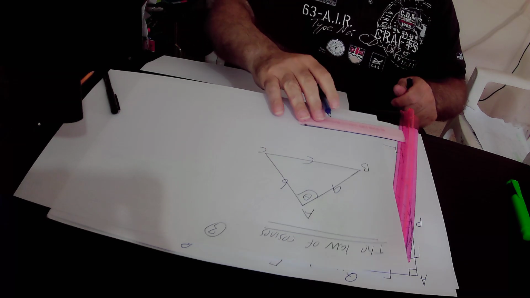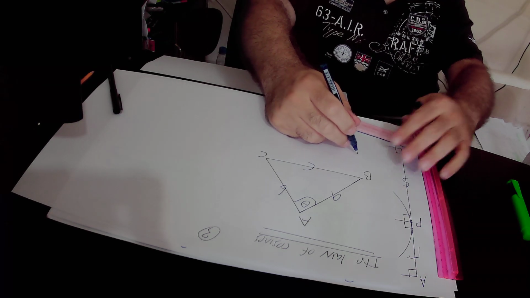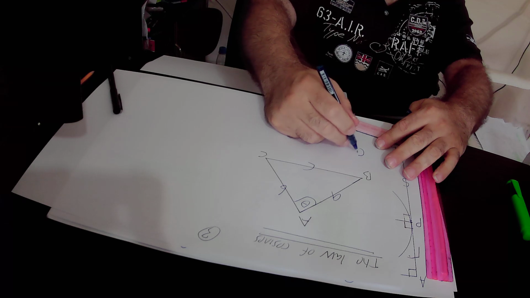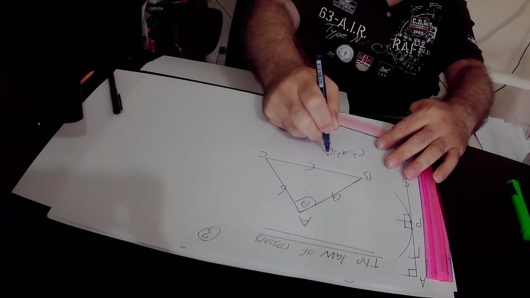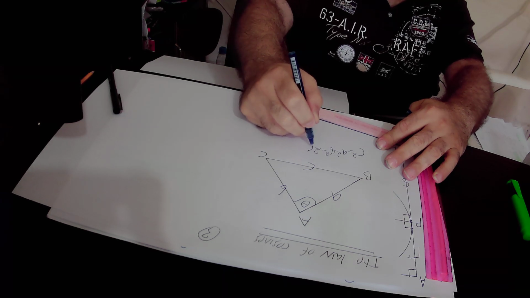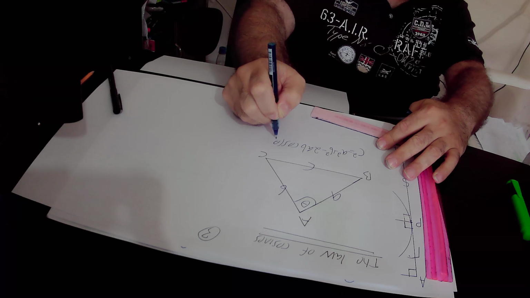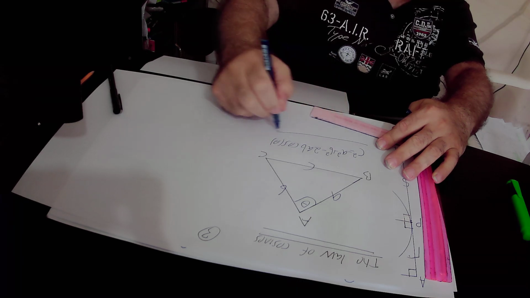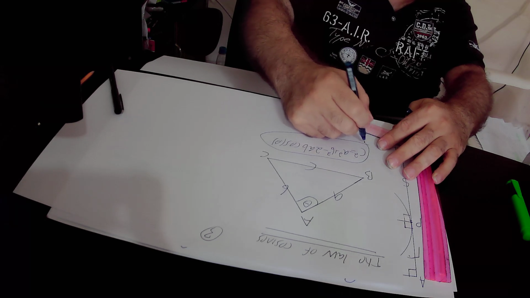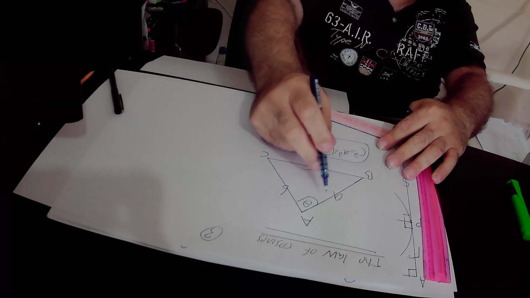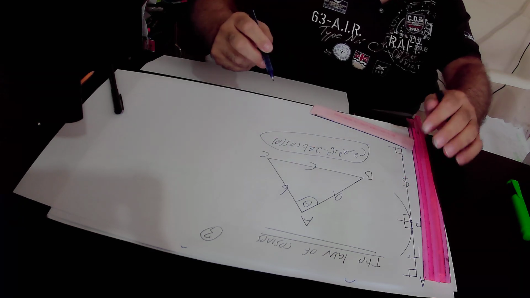Then, according to the law of cosines, we get that C squared equals A squared plus B squared minus 2 times A times B times cosine theta. I repeat again, according to the law of cosines, C squared equals A squared plus B squared minus 2 times A times B times cosine theta.